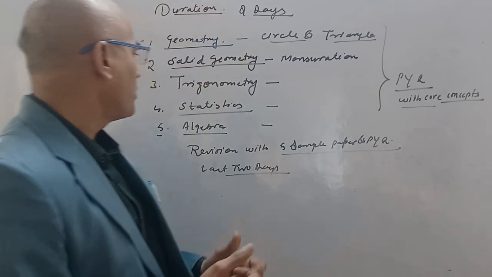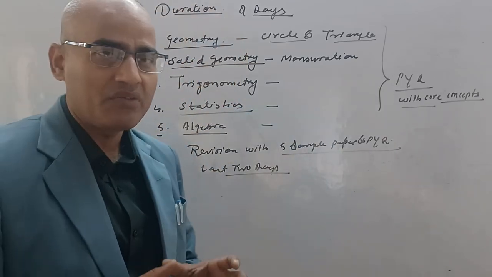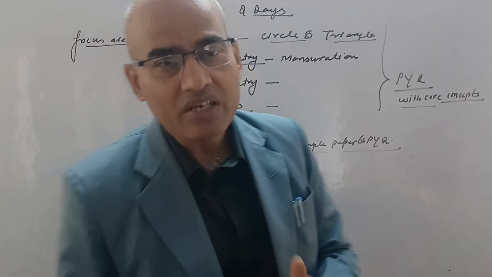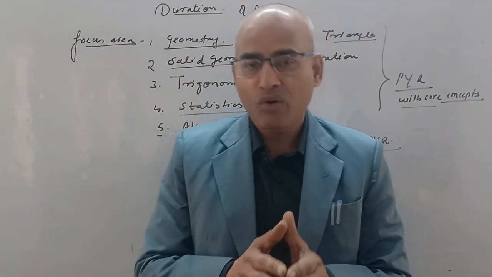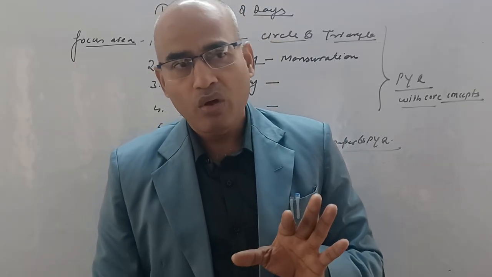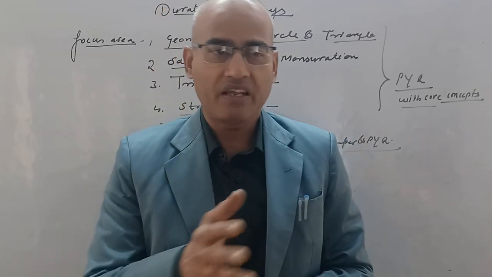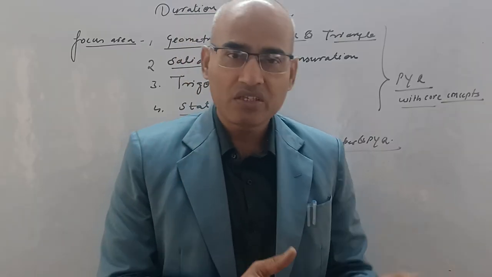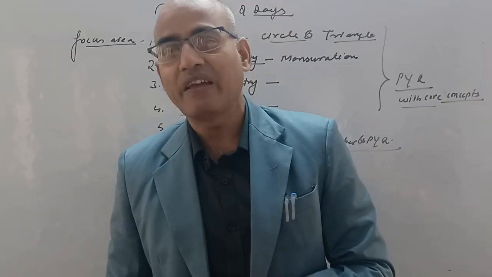And trigonometry is very easy to understand for all students, but students often get confused while solving trigonometry questions because they don't know how to put the values, where we need to change, where we need to convert, and so on.